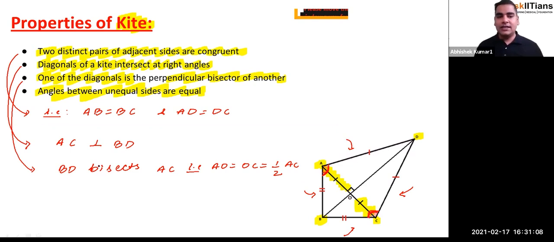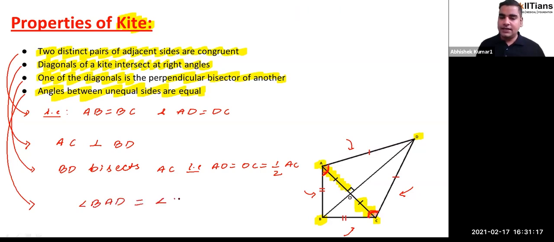So these two angles between the unequal sides will always be equal. So you are going to have angle BAD the same as angle BCD. Remember this. Okay. So these are the four major properties which make a quadrilateral a kite.